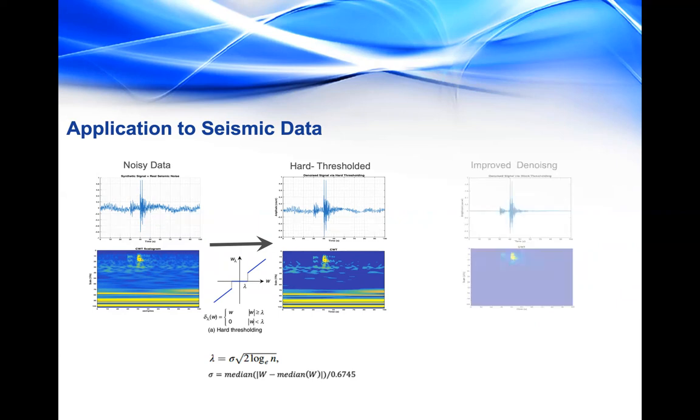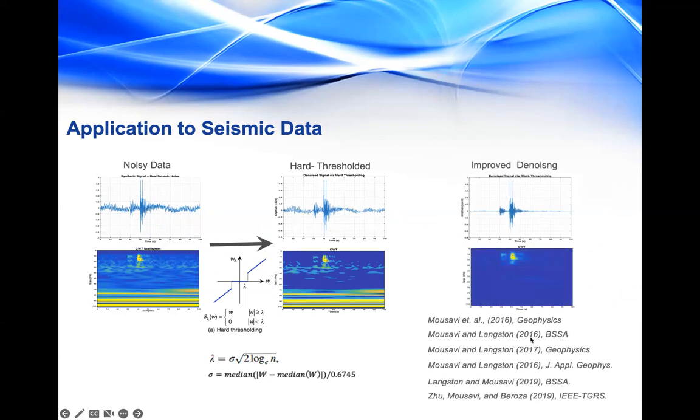So what you will see in this presentation are a few different approaches to solve these issues and improve the performance for seismic data by proposing either more flexible functions or more realistic noise level estimation, through different approaches proposed and published in these papers, which I'm going to go through one by one.